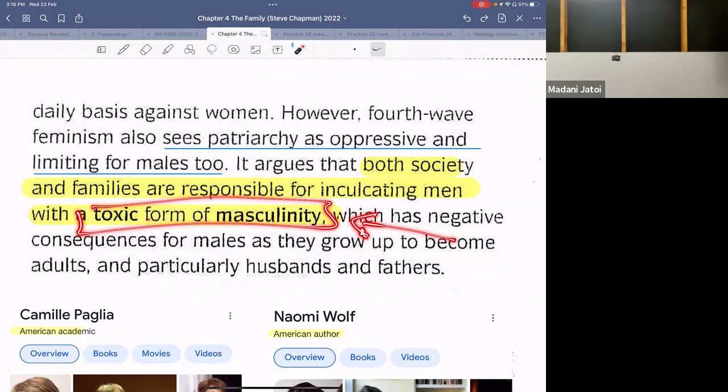through this hegemonic model, hegemonic instability, toxic forms of masculinity, the notion that you are superior at any given point. If your partner, female partner, starts doing better than you, you start feeling insecure. Why?